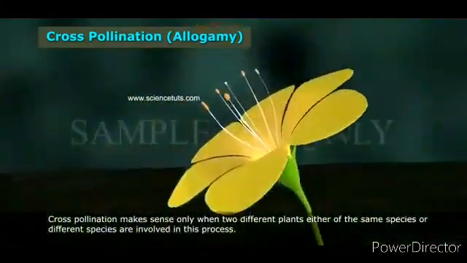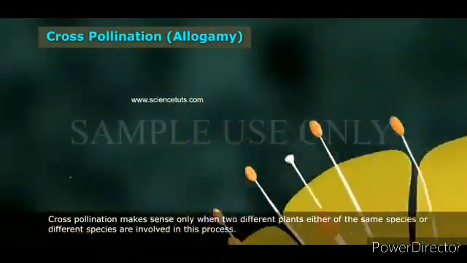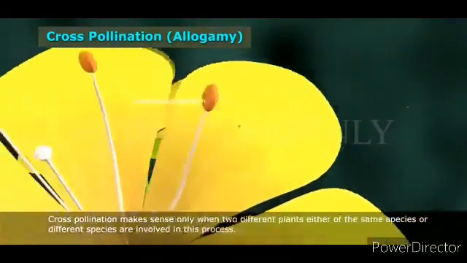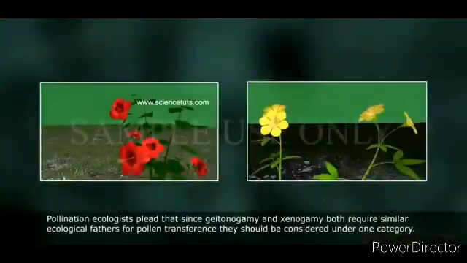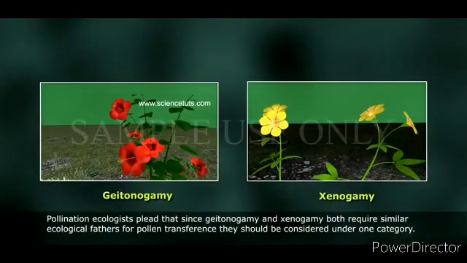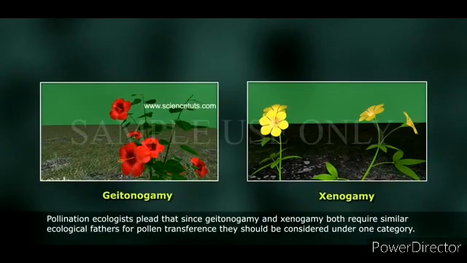Cross-pollination makes sense only when two different plants, either of the same species or different species, are involved in this process. Pollination ecologists point out that since geitonogamy and xenogamy both require similar ecological factors for pollen transference, they should be considered under one category.